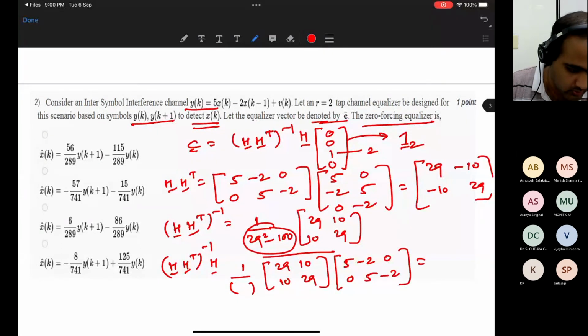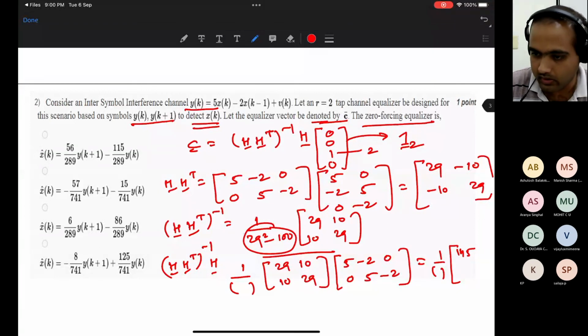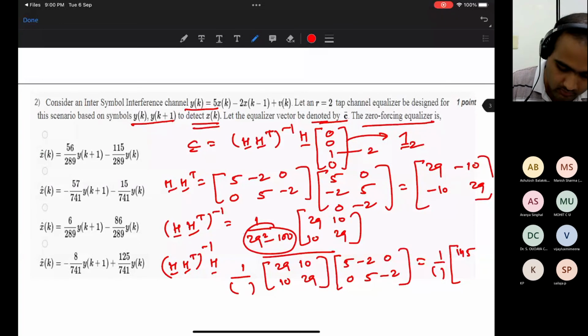This will come out to be 1 by something, and this is 145, 50, minus 8, 125, minus 58, minus 58. I have solved it beforehand so that you can save some time.